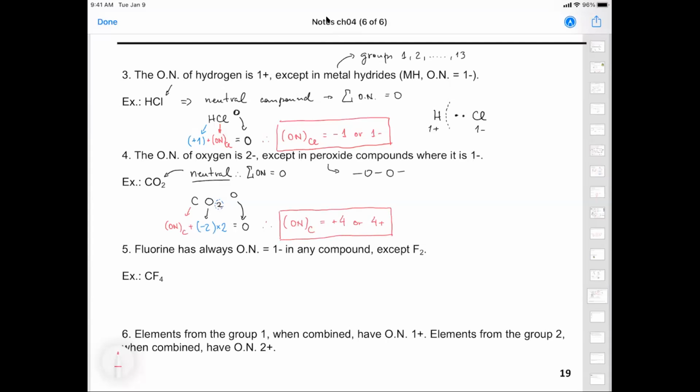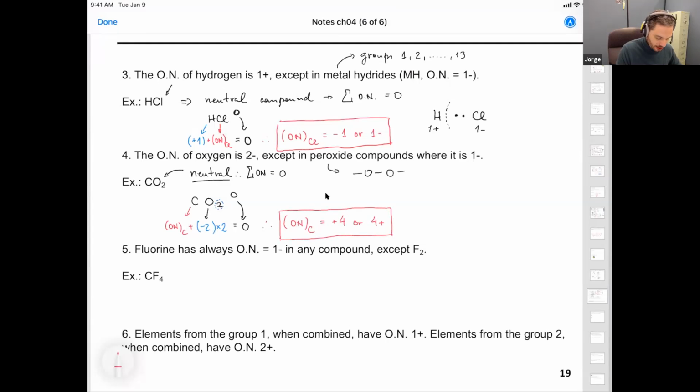George, can you explain why you multiplied by 2 one more time? Yes, because see here, in CO2, the index after the oxygen indicates that we have 2 oxygens in the structure. So the oxidation number of 2 minus is for each oxygen in the structure.